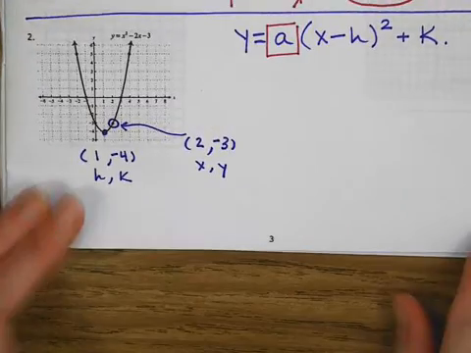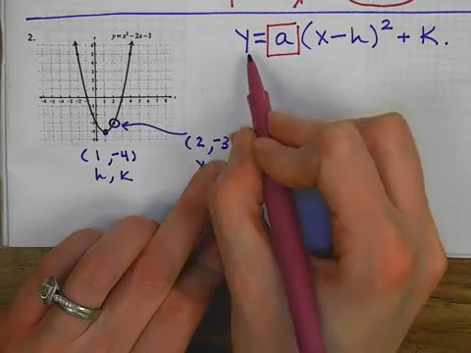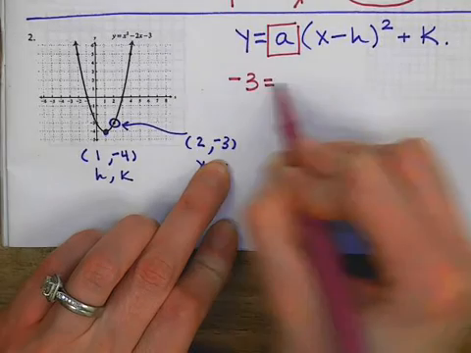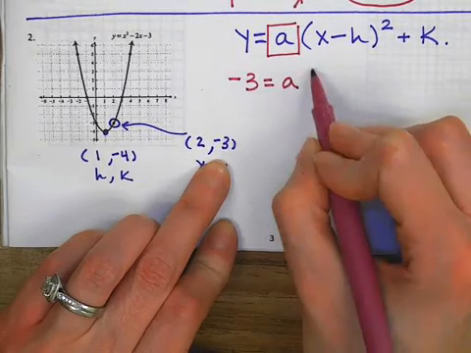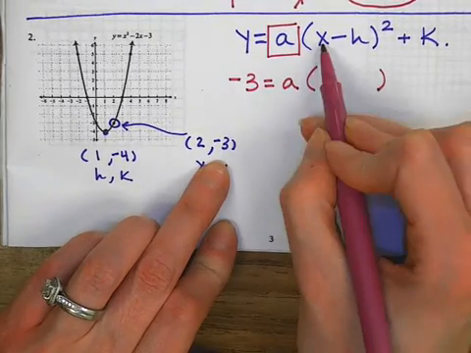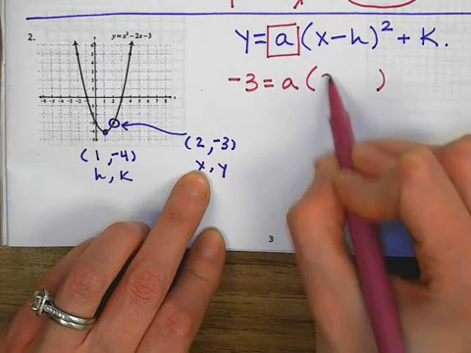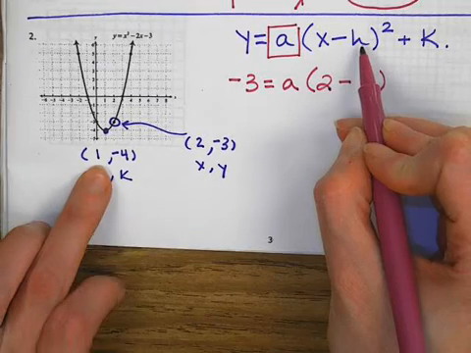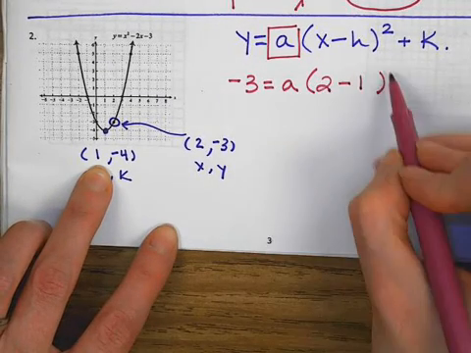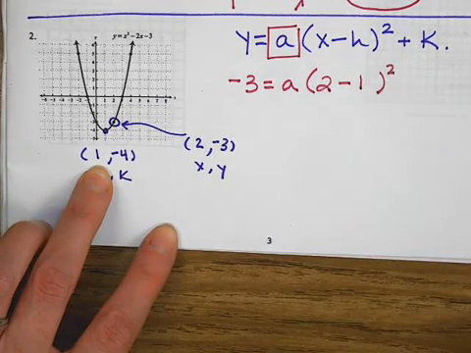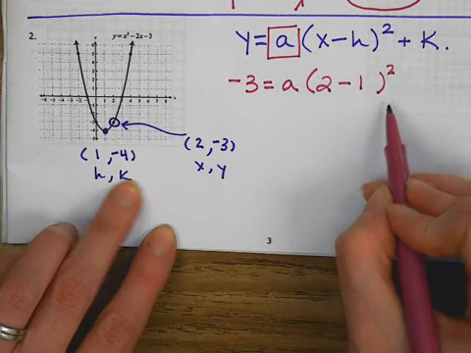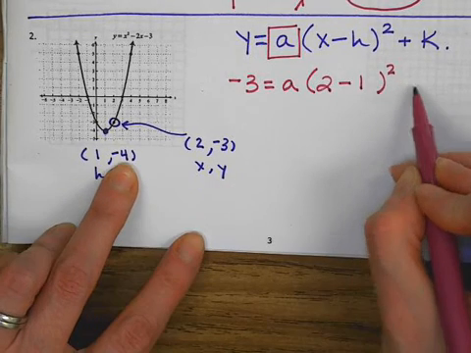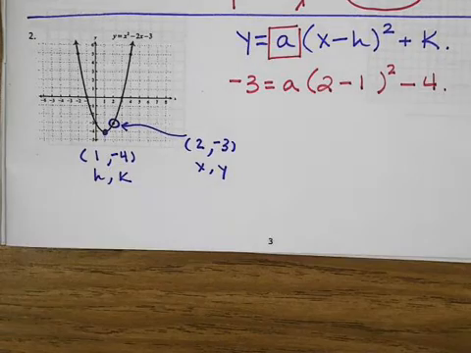Okay, let's plug everything in. So y is negative 3. A is missing, parentheses. X is the 2 minus h is 1, and then it's squared. And then plus k, so plus a negative 4, I'm just going to write it as minus 4.